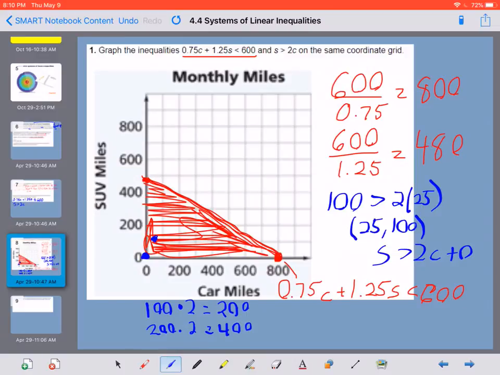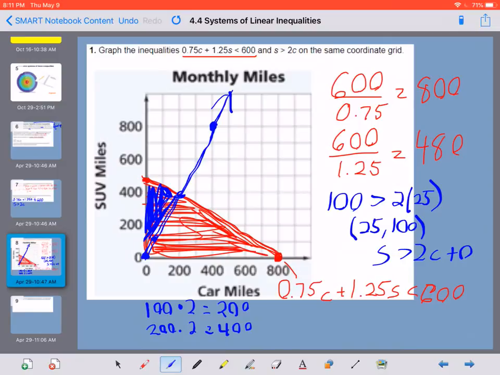So 200 would be at 400, 400 would be at 800. So I have my graph going up like this. Now this is S is greater than 2C plus 0. So everything greater than that is going to be in this region.